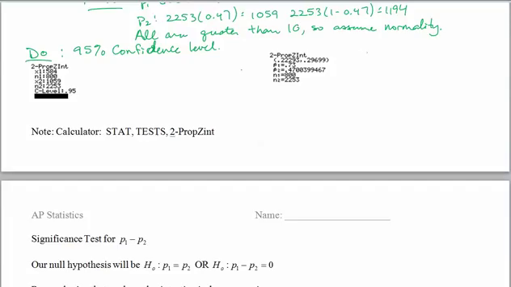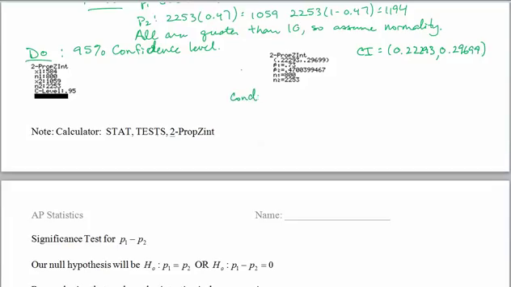So our 95% confidence interval from here is, as we got, 0.22293 to 0.29699.